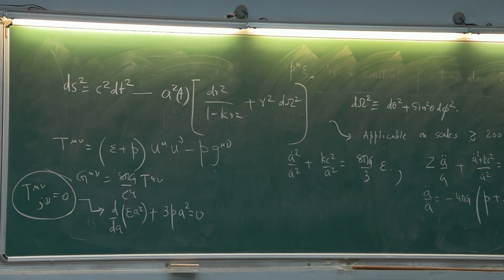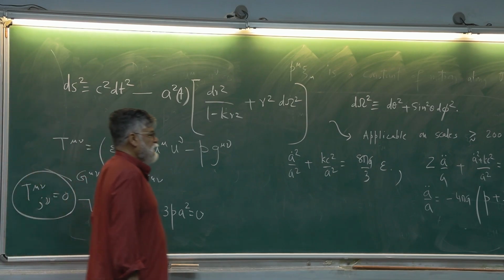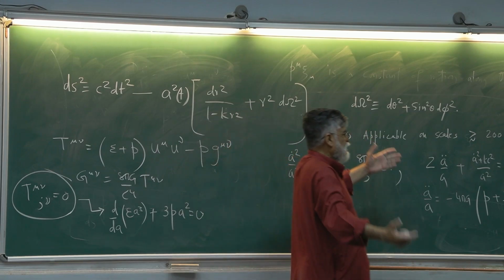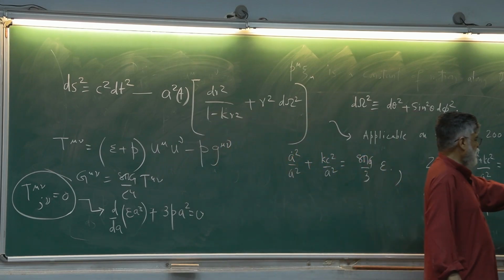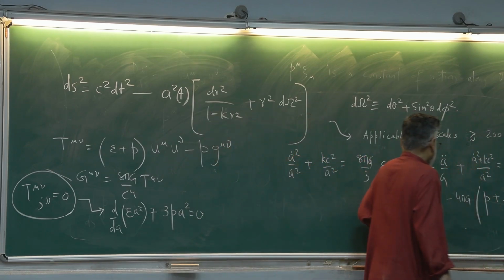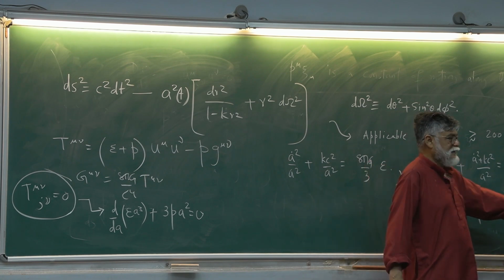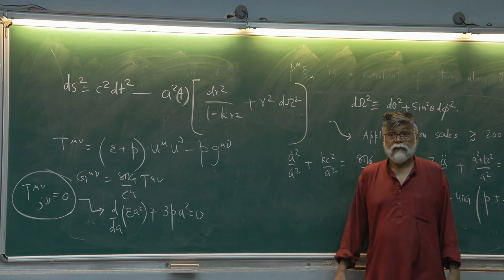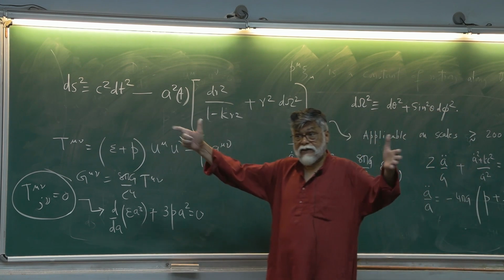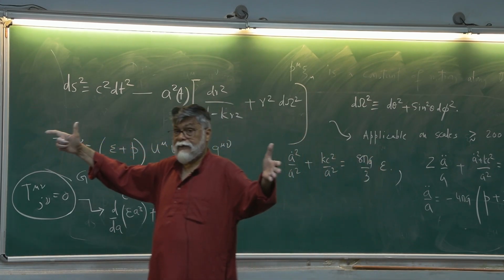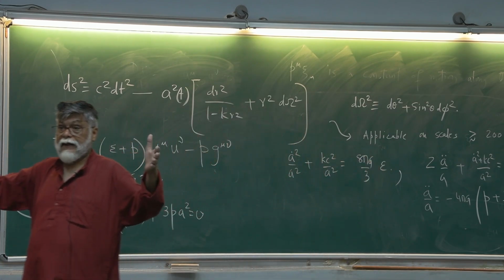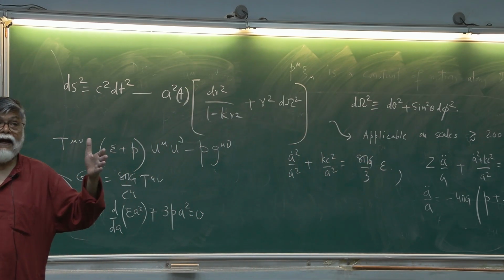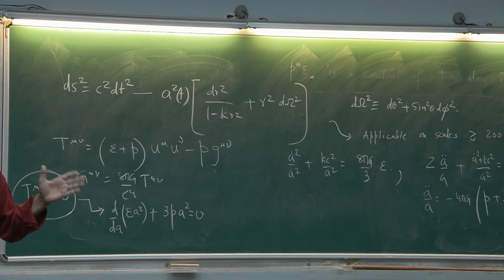So that divided by volume, therefore energy density is positive. Energy density for standard matter is always positive, and for all thermodynamic systems we know pressure is always positive, and therefore A double dot by A is negative. That means the expansion is such that A double dot is negative, and therefore you can only have decelerating expansion.